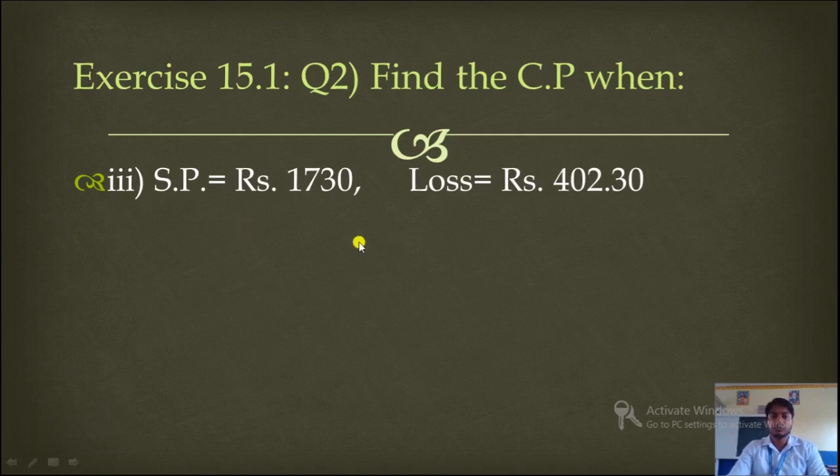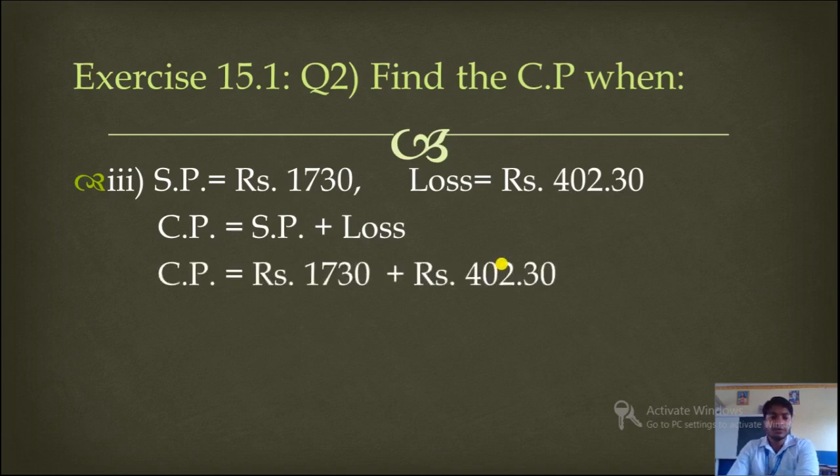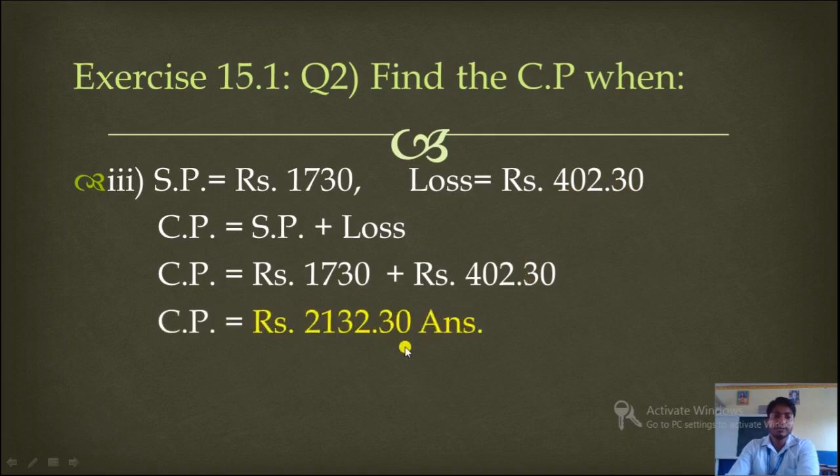What will be the formula of CP? CP is equal to SP plus loss, when loss is given. Now put the value. CP is equal to selling price 1730 plus loss 402.30. When we add we'll get the result.